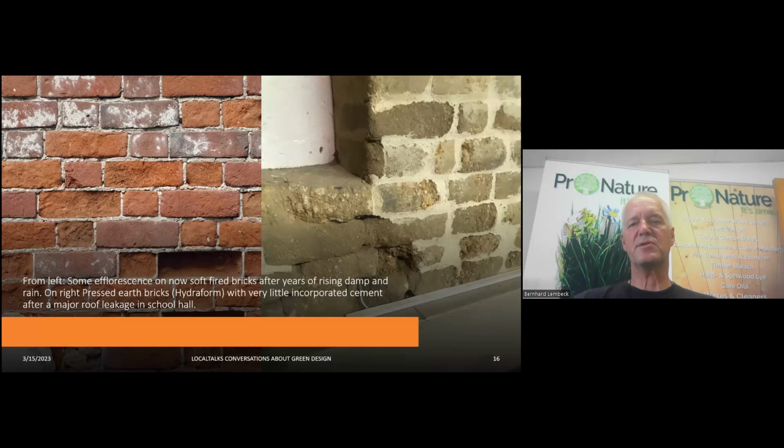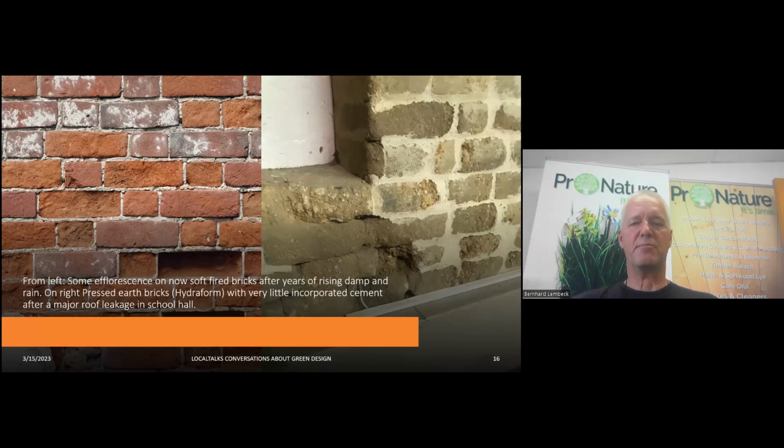It's a massive school hall, and they had a leaky roof. That's where the problem started. All over, right around, it's a massive building, and most of the walls look very similar to that photo that I put in here, and that was just caused by the ingress of water.